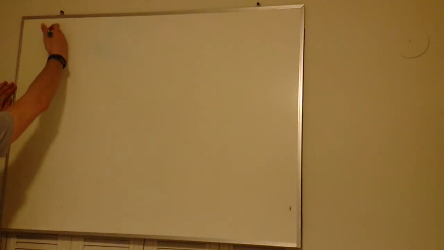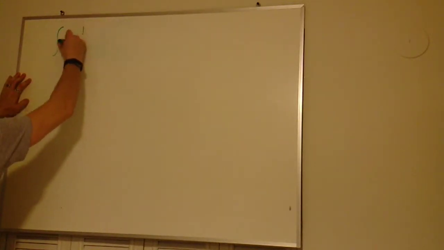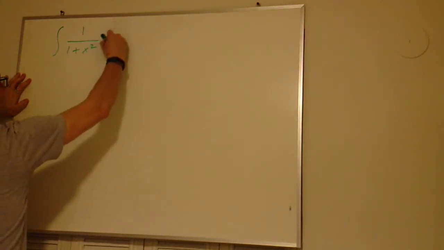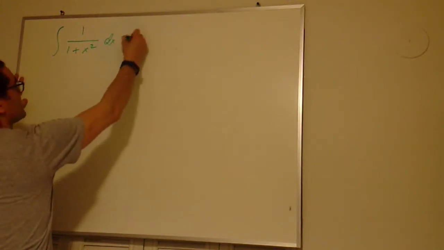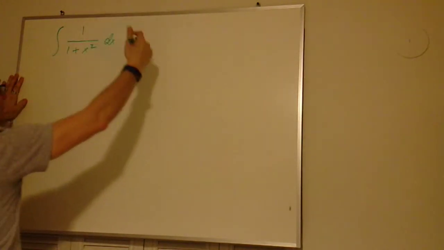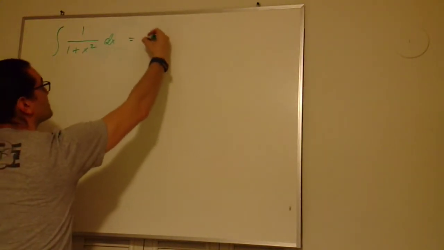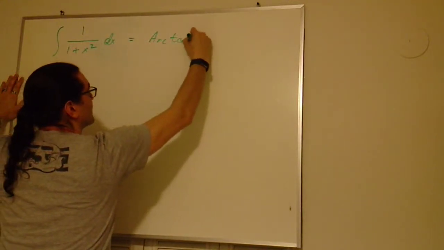So, the integral that we still need to talk about looks like the integral of 1 over 1 plus x squared dx. And I will just tell you for free, because I'm not super interested in doing all of the intricate steps, this is the arctan of x plus c.